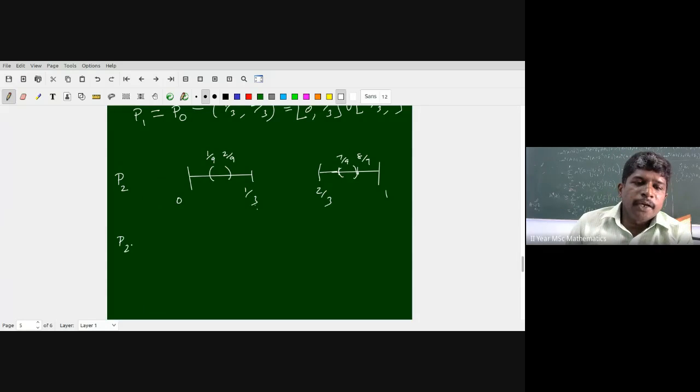So P2 is obtained from P1. The union of two things are removed, (1/9, 2/9) union (7/9, 8/9).